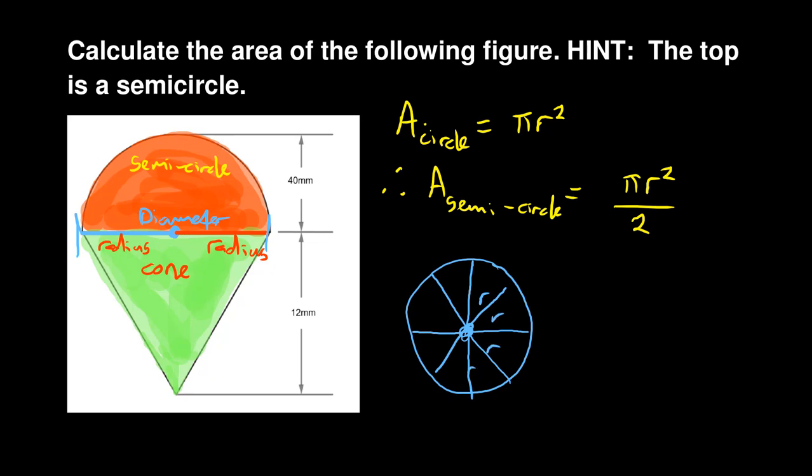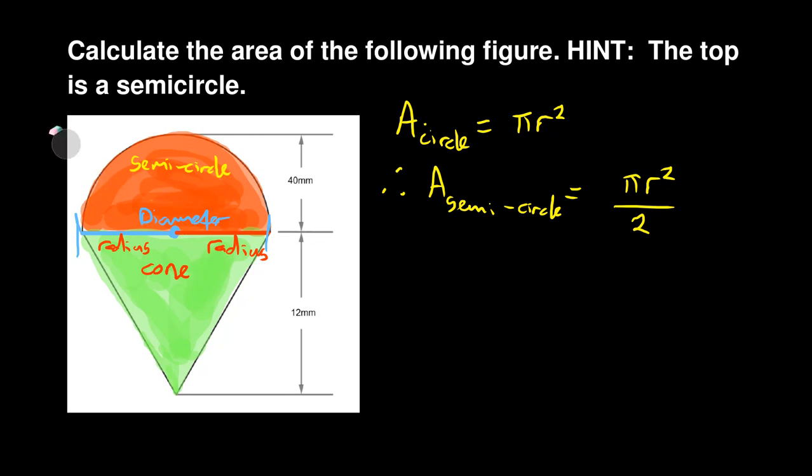Therefore the distance from this point to that point, in this case also, is my radius. So you can see that I have actually been given that distance. It is 40 millimeters. So which means R as the radius is 40 millimeters.